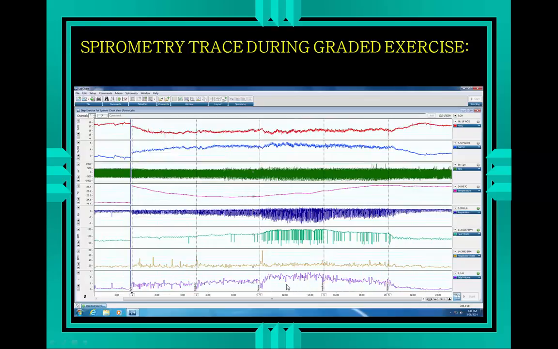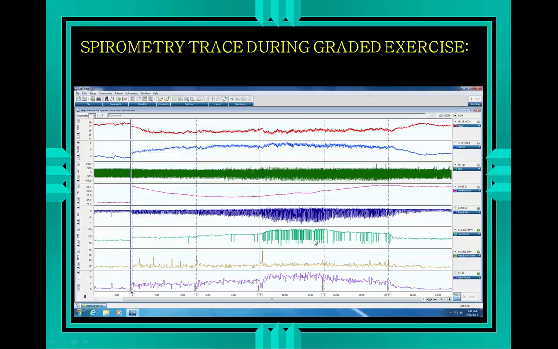The bottom trace in purple is tidal volume, obviously the amount of air that's breathed in and out per breath. In the second trace in brown, we see the respiratory rate, the rate at which you are ventilating or breathing. We'll come back to these and focus on them in a moment.